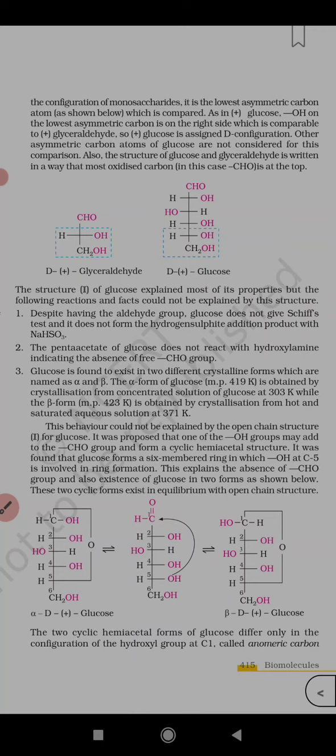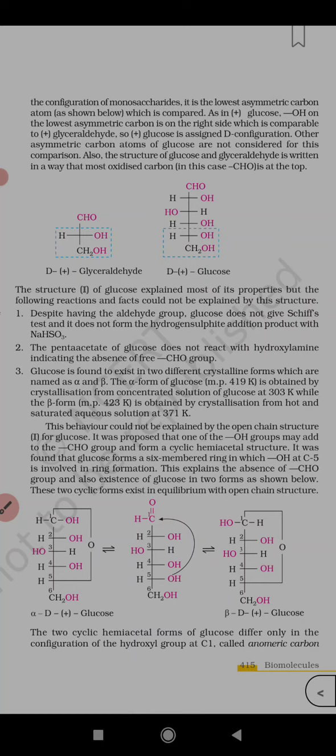This is the beta and alpha forms, existing in equilibrium with the open chain structure. Look at the diagram: the lone pair on the fifth carbon OH group is donated to the carbon, and a single bond between O and carbon is formed.